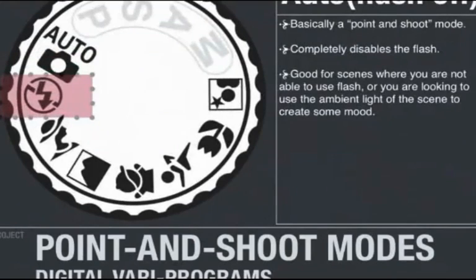Now the second mode is called the auto flash off mode. This is basically the same as the auto mode, except this time we're telling the camera to never use the flash. In auto mode, if the flash is needed, the camera will open up the flash, which is on the top, and it will help augment the picture by adding flash.